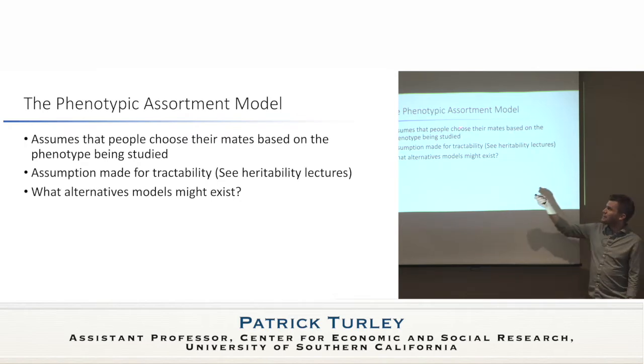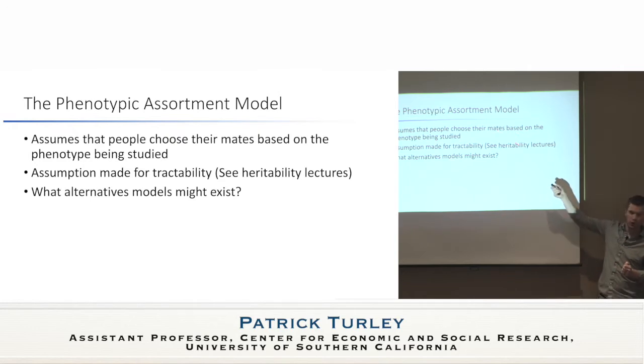Okay, I want to bring up this idea here. This is a concept that David brought up in his heritability lectures, and it's a model that often underlies a lot of the work in assortative mating. It goes back to the question of what leads to spousal similarity. The phenotypic assortment model assumes that people are sorting specifically on the phenotype you're interested in.